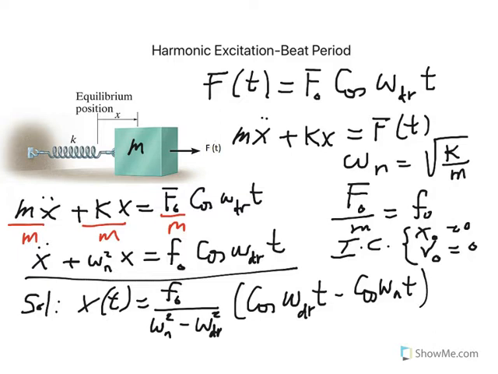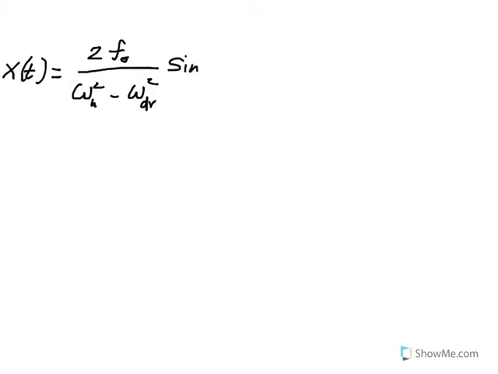Now, we can put this using trig identities. Let me go to the next page, in a much better form so we can really see what's going on. So using a trig identity, that solution in the last page turns into 2f0 divided by omega n squared minus omega dr squared, times two sine waves now.